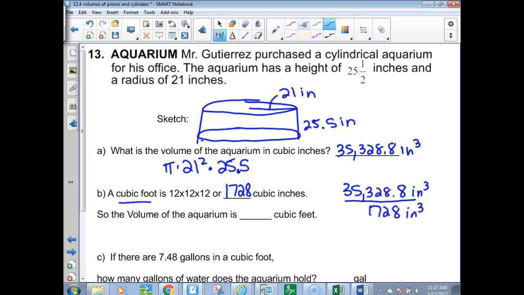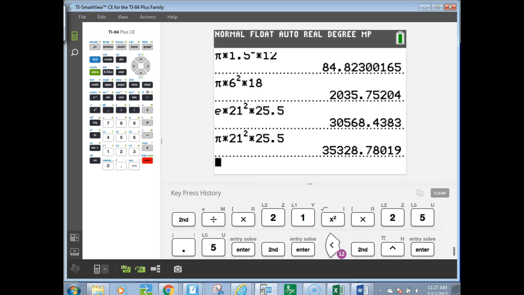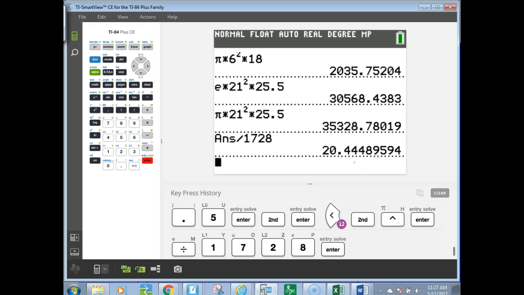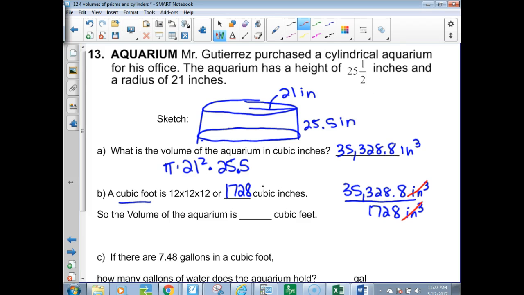So I'm going to just grab my calculator and I'm going to hit divided by 1728. .44. Okay, I'm going to round to 2 places. So I've got 20.44 cubic feet of volume in this tank.